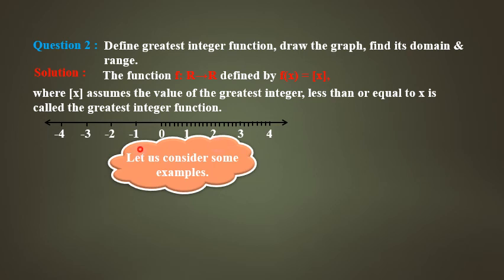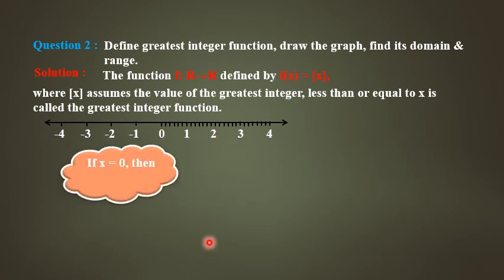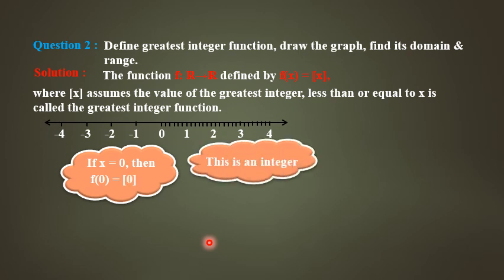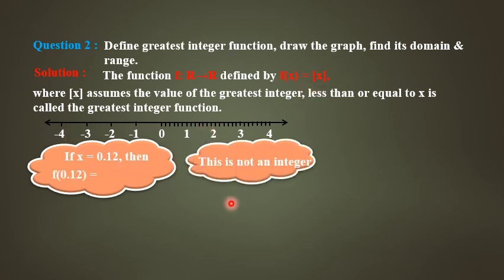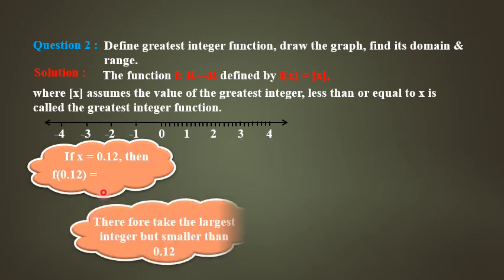Okay, let us consider some examples so you can understand properly. If you take x equal to 0, then f of 0 is 0. This is an integer, correct? If I take x equal to 0.12 in this square bracket, please understand, this is not an integer. What I have to do here is take the largest integer but smaller than this number. See here, 0.12 will come here, correct, in this place.